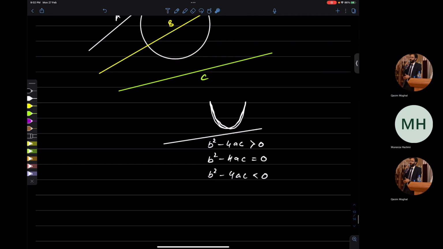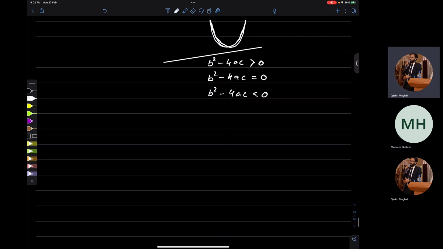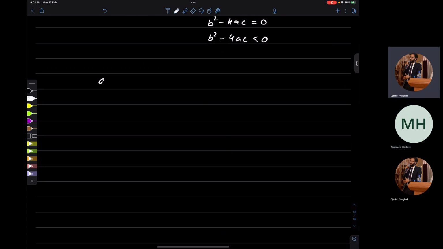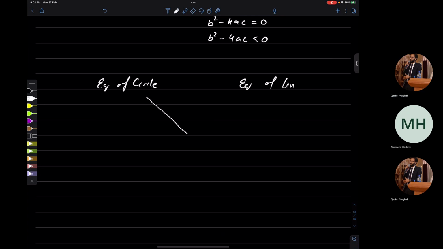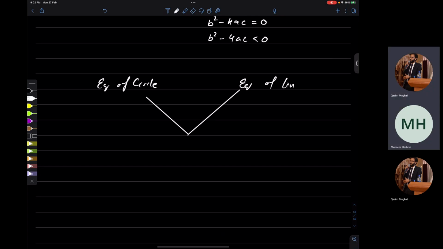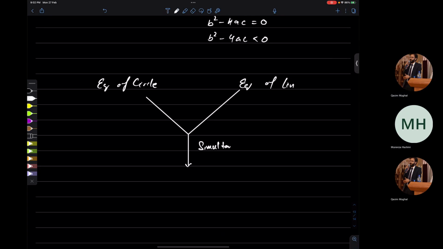Okay? So let me just draw a summary here. You have the equation of the circle, you have the equation of the line, you solve them simultaneously, or equate them.